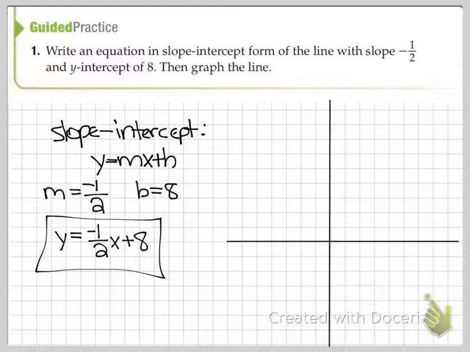Now let's work on graphing that line. So when you're graphing a line and it's in slope-intercept form, the best way to do it is to first graph the y-intercept.